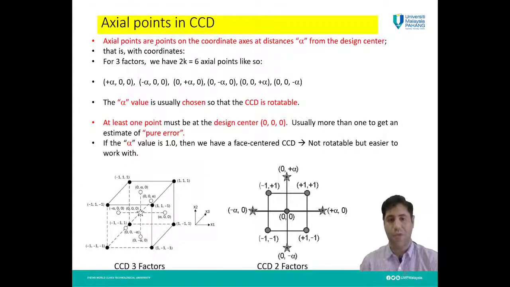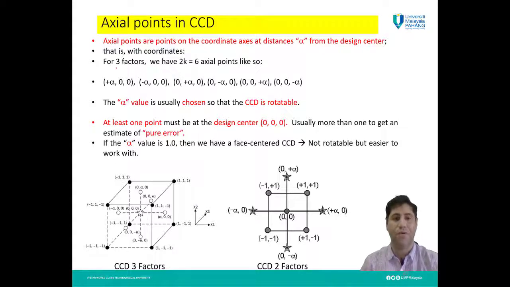The axial points which we add to our matrix of experiments are located at a distance from the center of the design space, the design cube or design rectangle. This distance is called alpha, and we need to calculate alpha according to the number of factors.